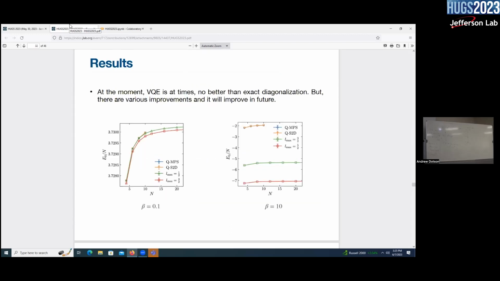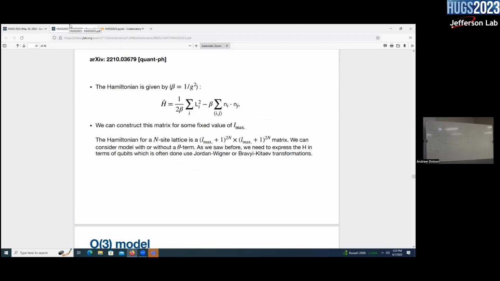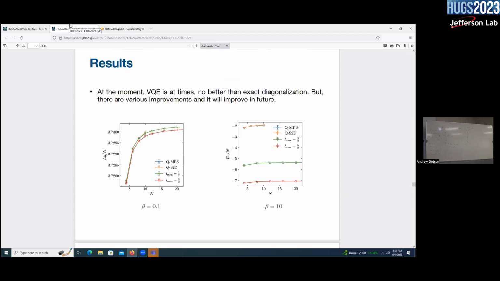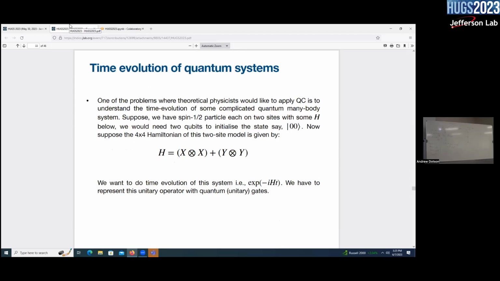We're trying to understand this model not from the qubit perspective, but from the perspective of a harmonic oscillator. So the thing to do is to express the same Hamiltonian not in terms of Pauli strings, but in terms of harmonic oscillators, in terms of a and a dagger, and then see if it gives you better convergence. That is the basic idea.